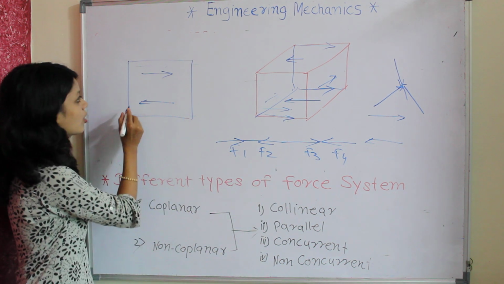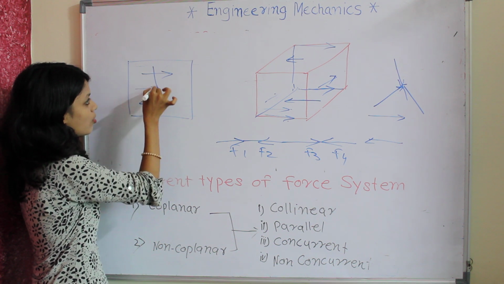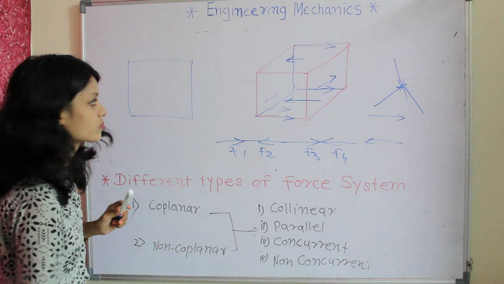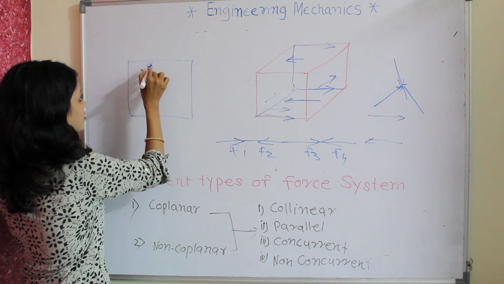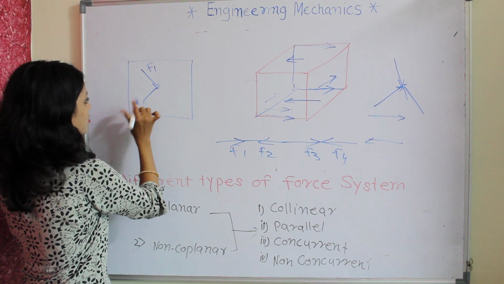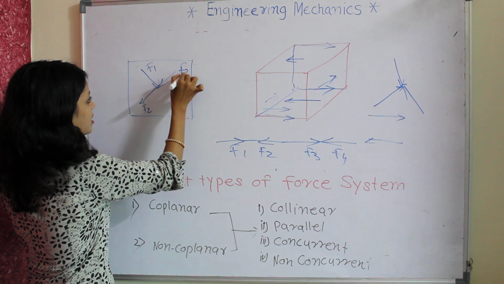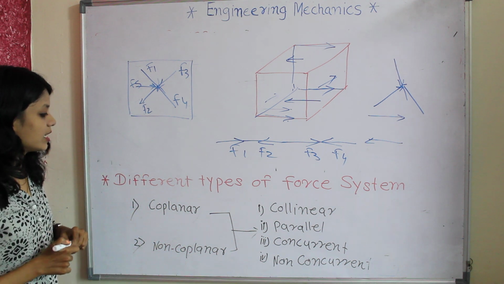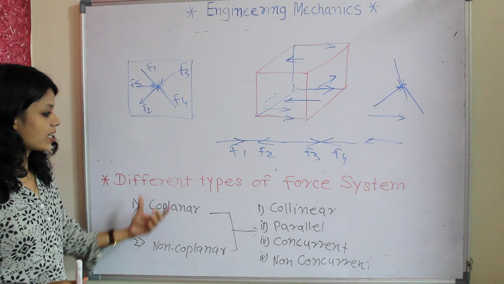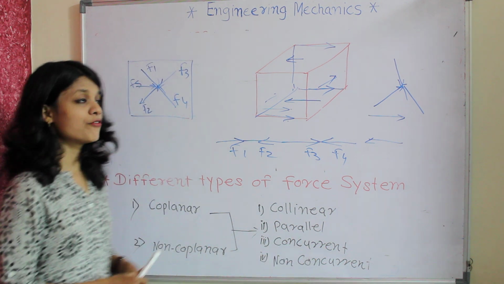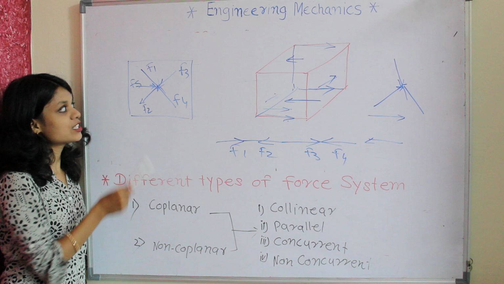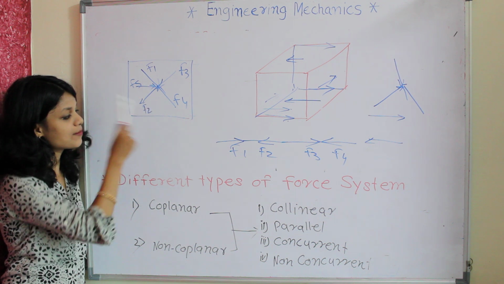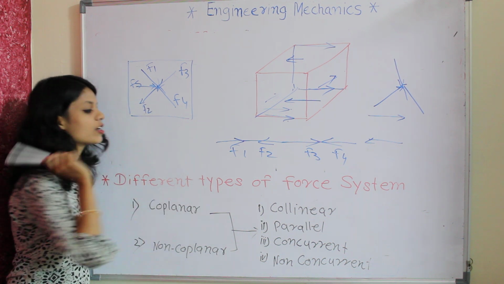For example, if all forces F1, F2, F3, F4, F5 pass through a single point, and lie in the same plane, then they are called coplanar concurrent forces.